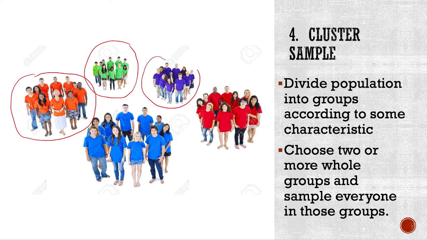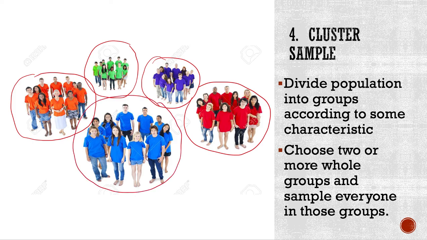Purple shirts, red shirts, and blue shirts. And so we have 5 groups of people. Now we're going to choose 2 or more whole groups and sample everybody in those groups. So for example, I might pick all of these and all of these. A cluster sample means that you are selecting whole groups.